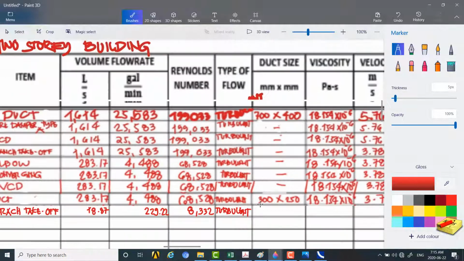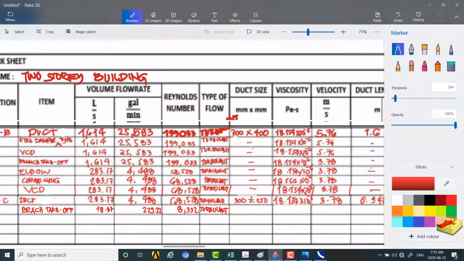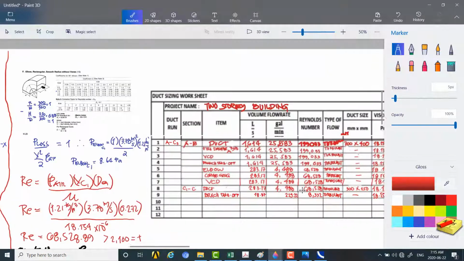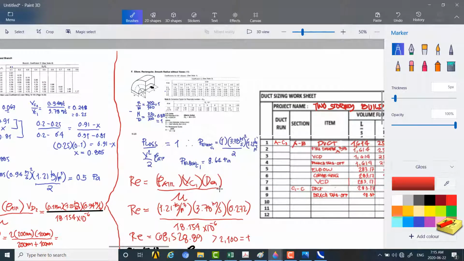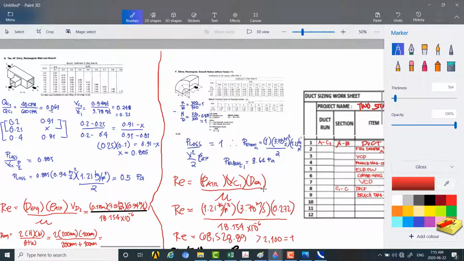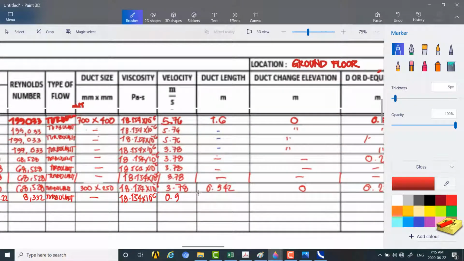Size, so this is branch takeoff. The viscosity of your air is the same also, 18.154 times 10 to the power of -6. Then the velocity will be 0.94. Okay, I want to double check that one. So 0.94 meter per second.